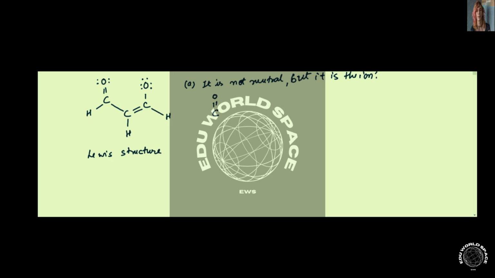This is double bond O, and this is H. This is H. This is C. This is H. This is double bond C. This is H, and this is O. So O basically has two lone pairs, but one more lone pair is present.